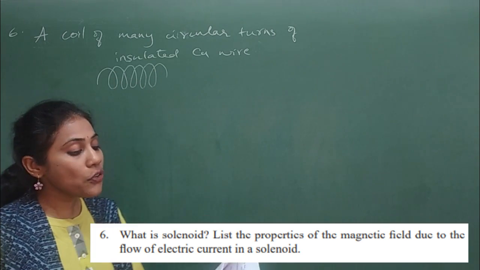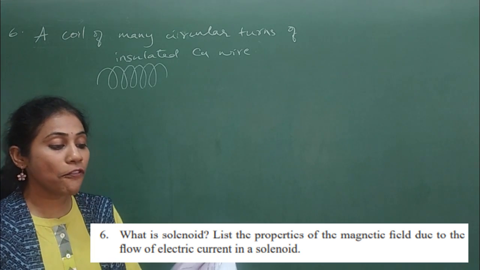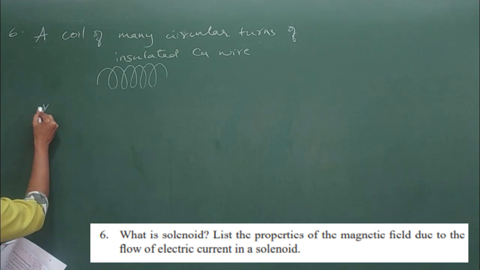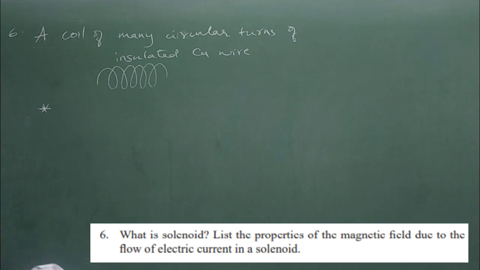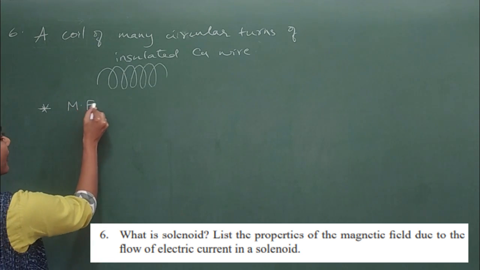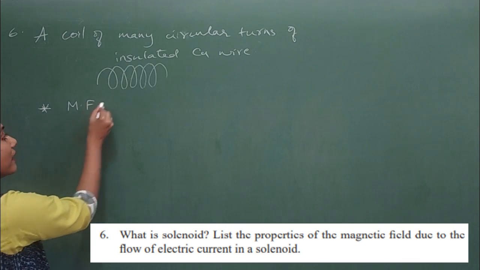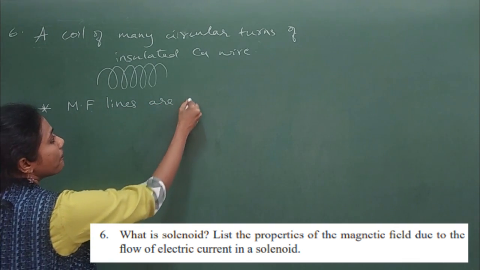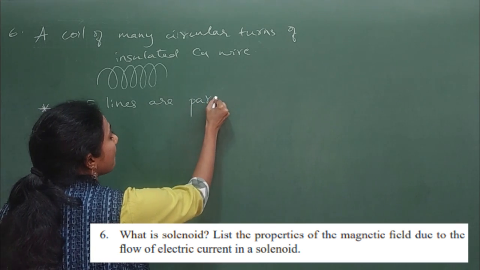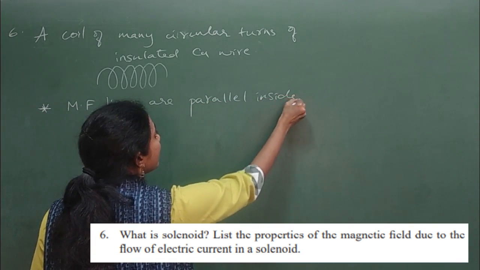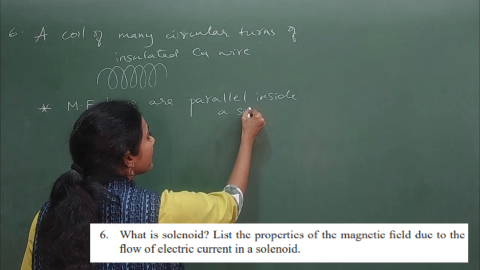And they have also asked the properties of magnetic field in a solenoid. So you can write point wise. The first major point is magnetic field lines, MF in the sense magnetic field. Magnetic field lines are parallel inside a solenoid, right?